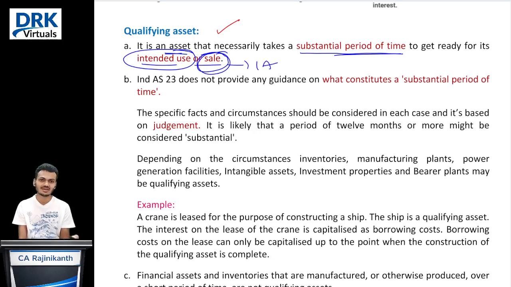Initially, we discussed that inventories produced in large quantities on a repetitive basis are scoped out of Ind AS 23 because they are produced frequently. Here, if inventories take a substantial period of time to get ready for their intended sale, it can be a qualifying asset. If any borrowing costs are incurred in connection with that, we can capitalize them. That is what the standard is saying.